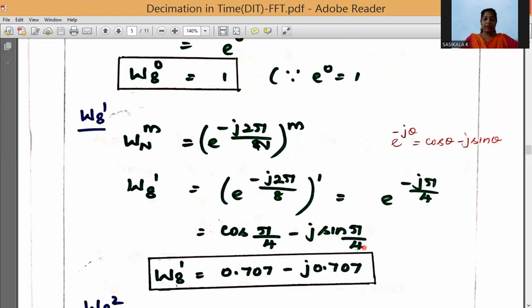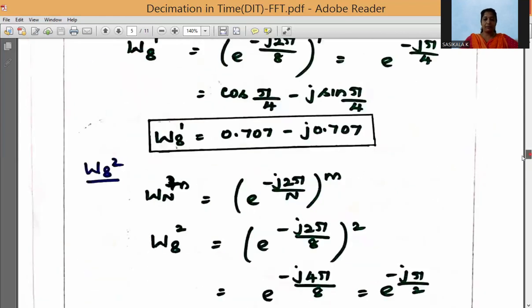Listen, put the calculator in radians mode. Just type cos of pi divided by 4, and you'll get 0.707 minus j, and sin of pi by 4's value is 0.707. So W8 power 1 is equal to 0.707 minus j 0.707.